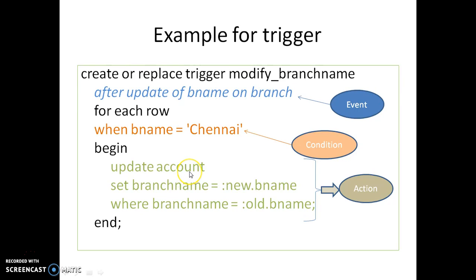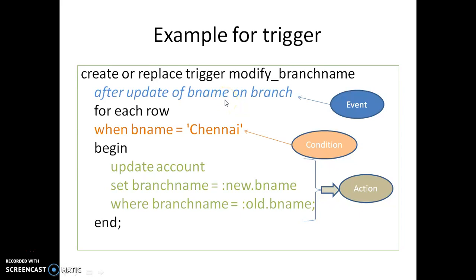Now, update account comprises setting the branch name, and we don't know what will be the new branch name instead of Chennai. So instead of Chennai, we are modifying that as Madras. The new value Madras can be accessed by using a keyword called :new. So when we say :new.bname, bname comes from the branch table's branch name.